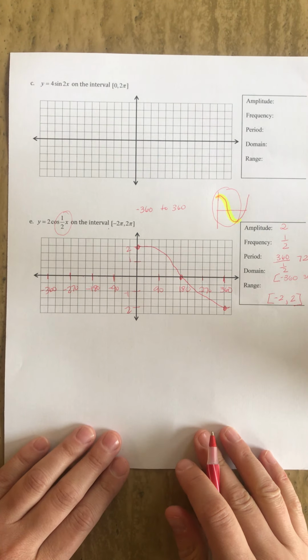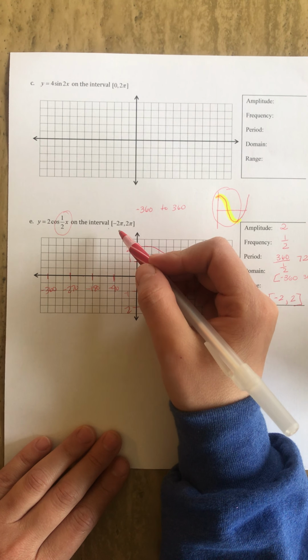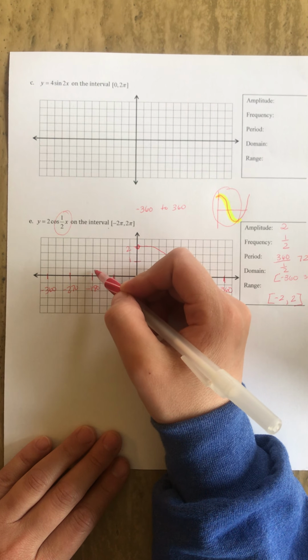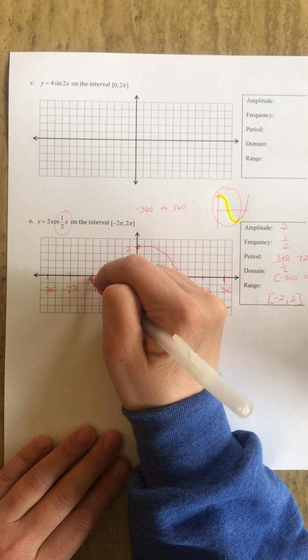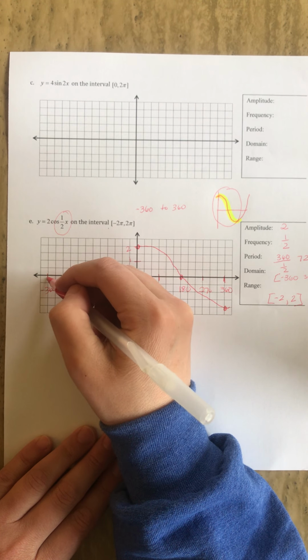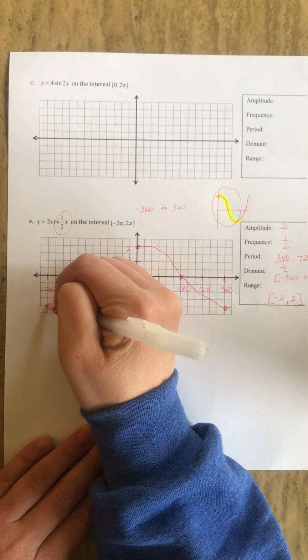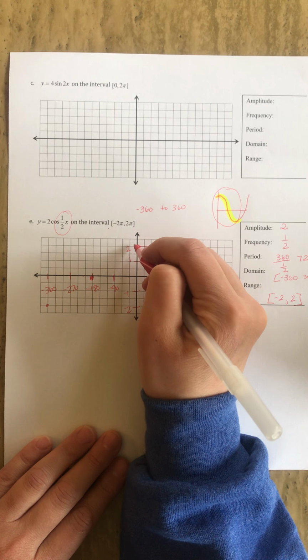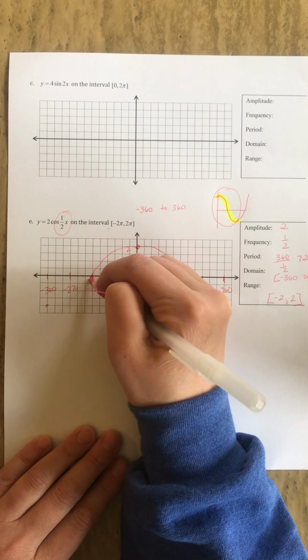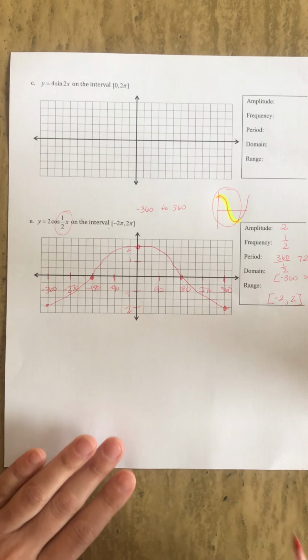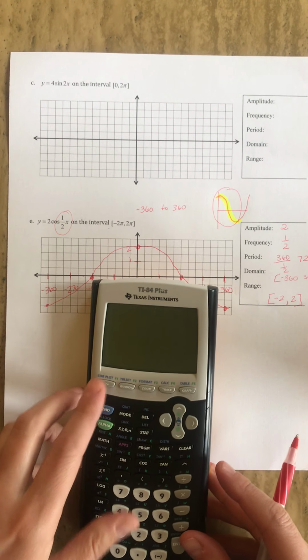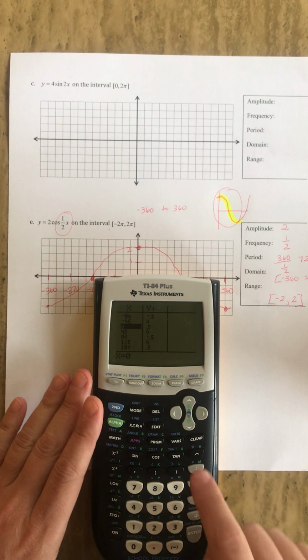All right, then you're going to do the exact same thing here. We're going to go in this direction. You're going to go to 0. At -360, you're going to go to -2. And if you're having a hard time seeing these points that I'm plotting, you can go into your y equals and get your table values.